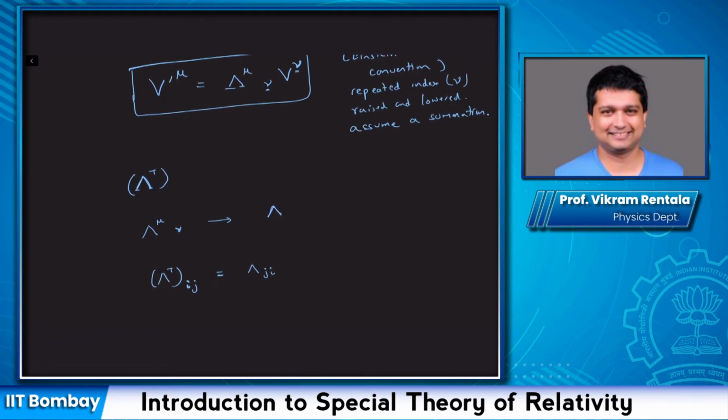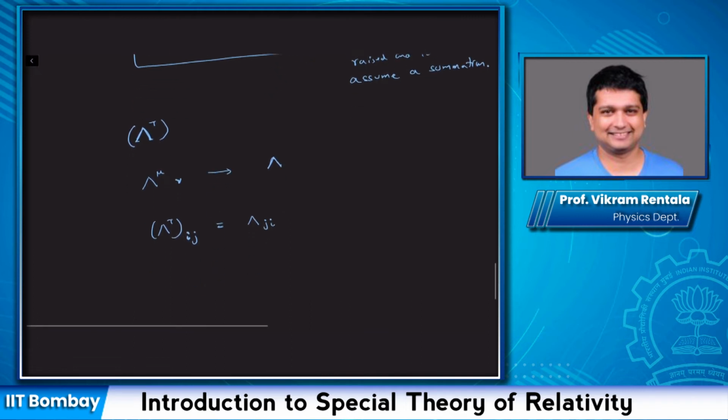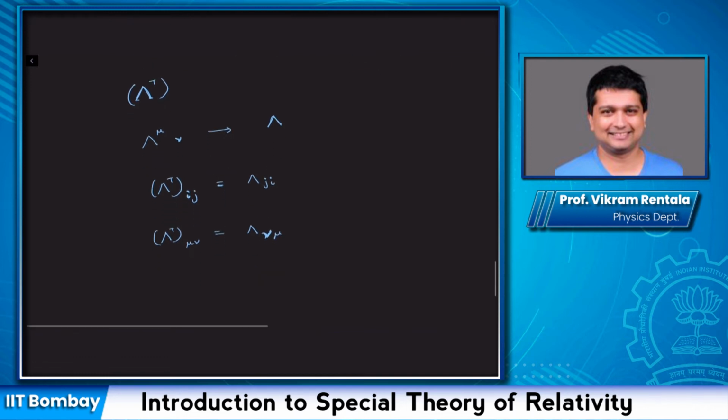So now if we want to take lambda transpose and find the ijth entry, let's replace them by Greek indices. And now let's apply our rule for raising and lowering indices.